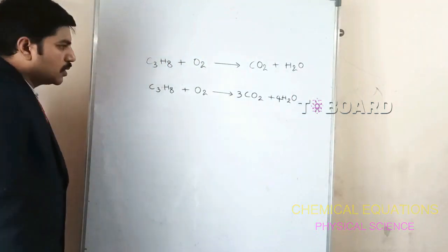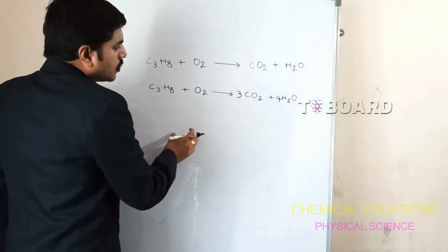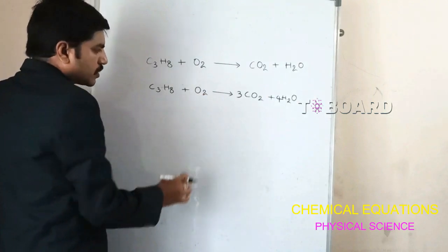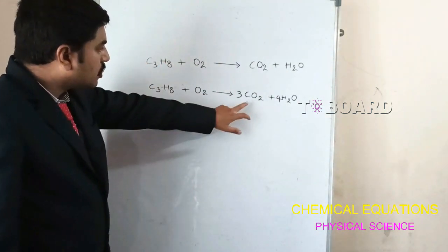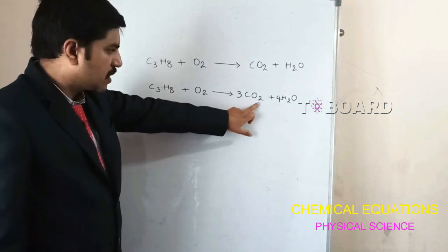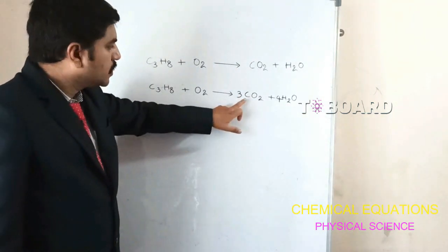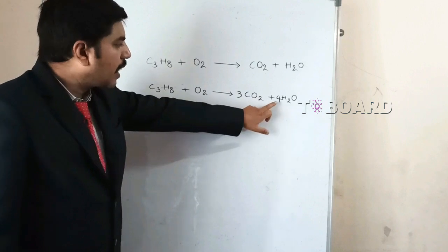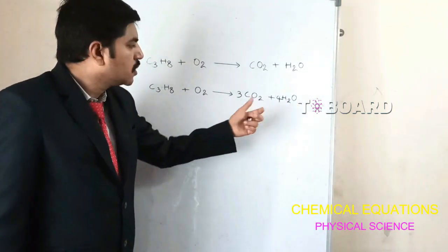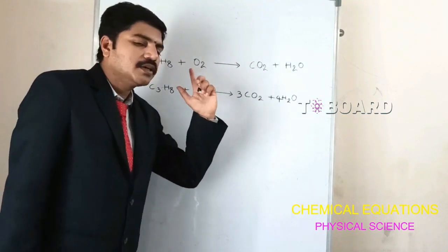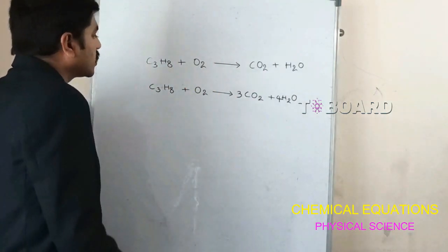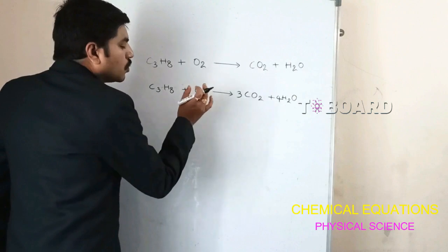Good. Some of the equation is completed, and what about the oxygens? Now, oxygens: 3 twos are 6, and 4 oxygens, so 6 plus 4 is 10. The right side has 10 oxygens, but the left side has only 2 oxygens.